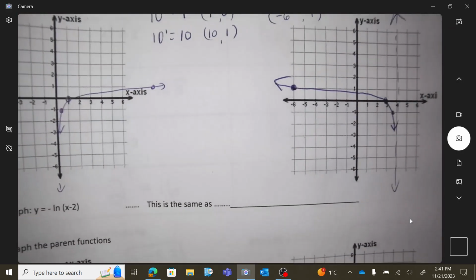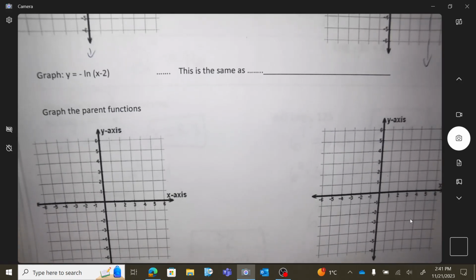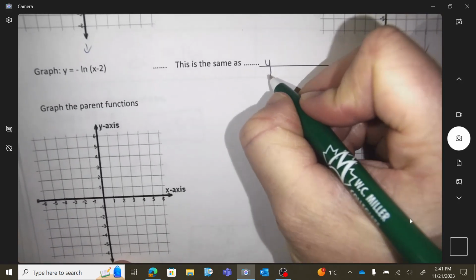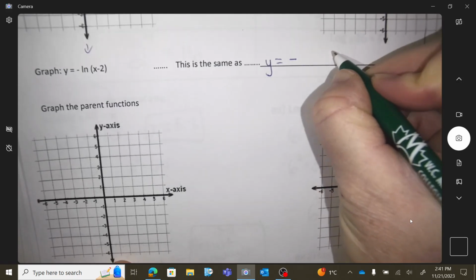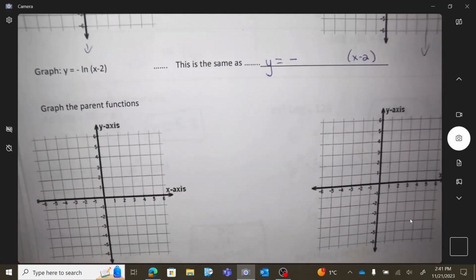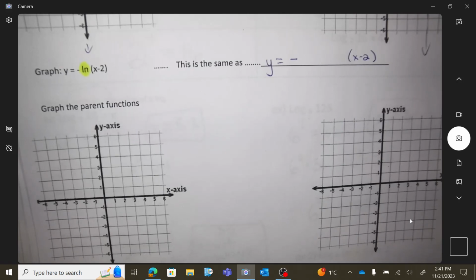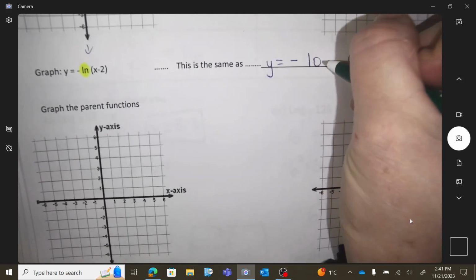Yep. So ln is the natural log. So when we do a natural log, what can I replace ln with? Natural log is the same as us just doing a log of e.